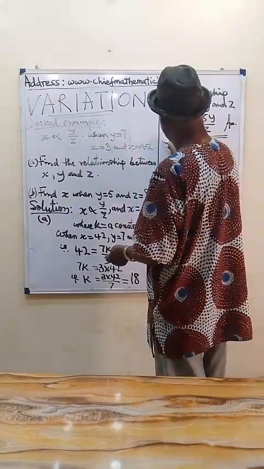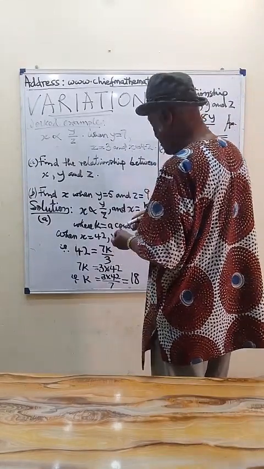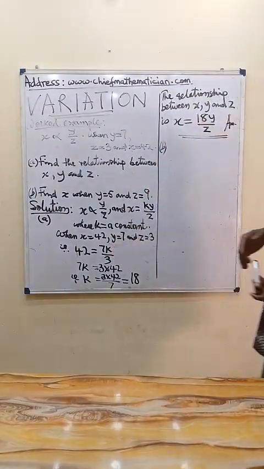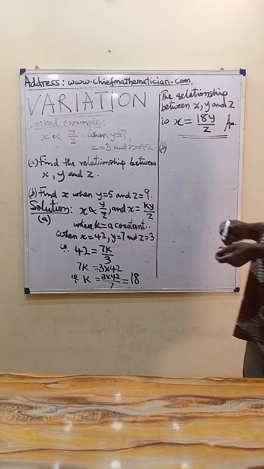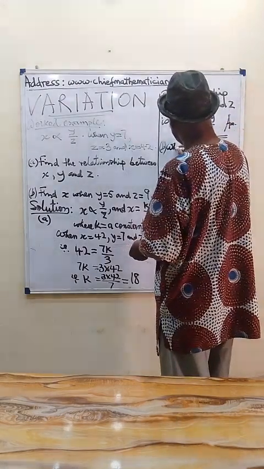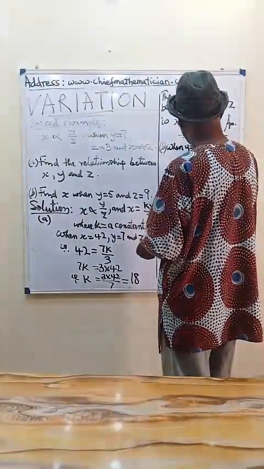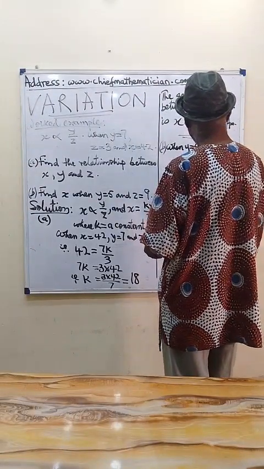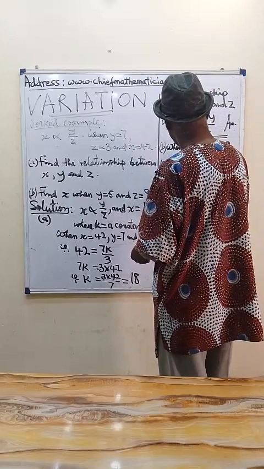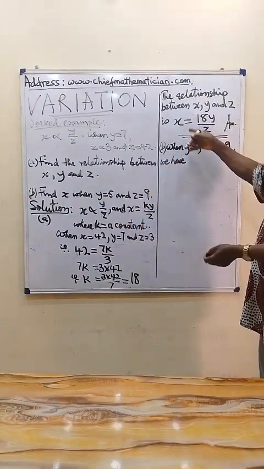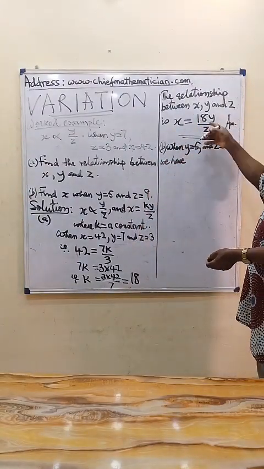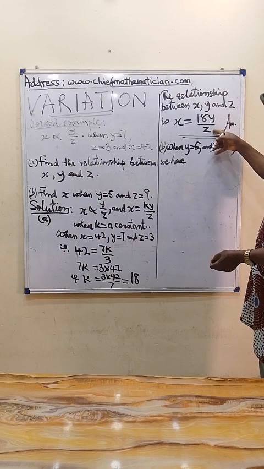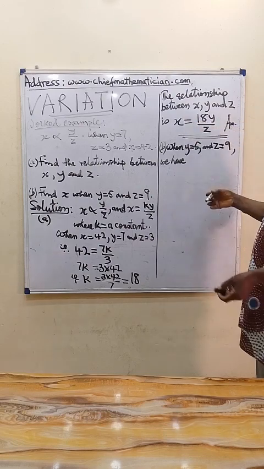And now the B part. Find x when y is 5 and z is 9. What do we have? We are coming back to this. We are given y, we are given z, so we can find x.